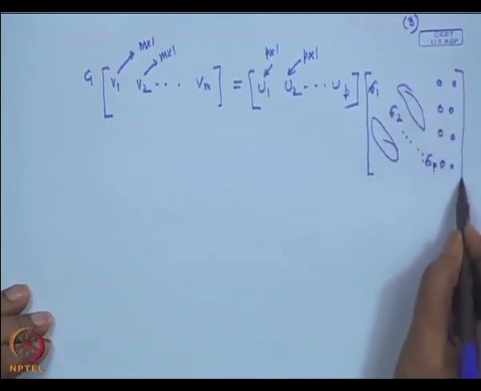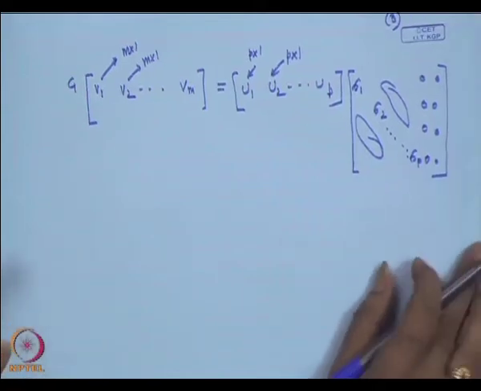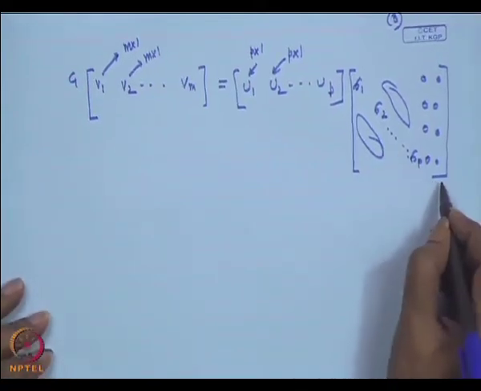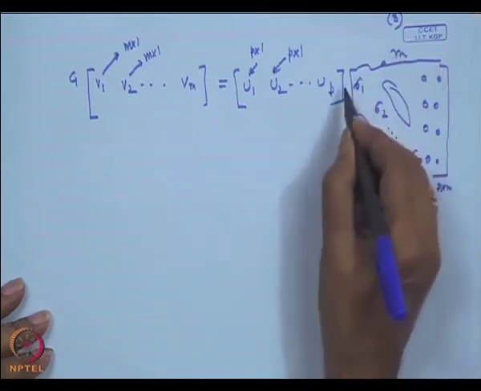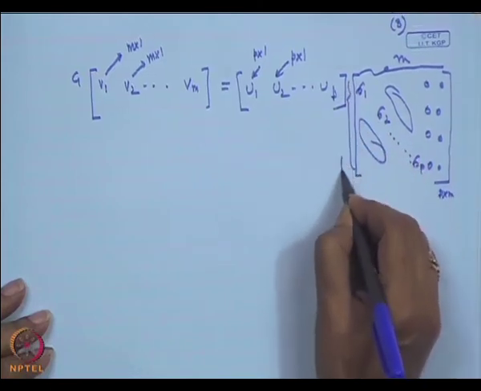So what is the dimension of that one? The dimension is P cross M. That means the number of columns is M and the number of rows is P.